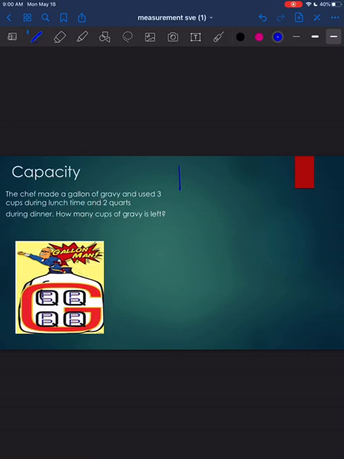I'm going to start with taking away my larger unit. So 1 gallon minus 2 quarts. Now I know in 1 gallon there are already 4 quarts. So if I take away 2 quarts, then that leaves me with 2 quarts.